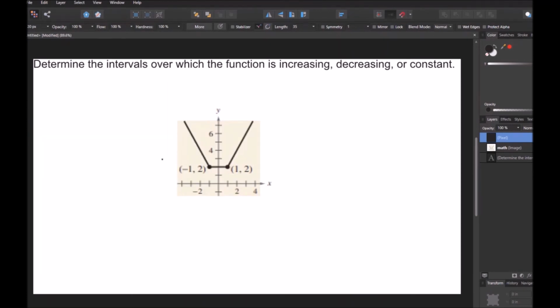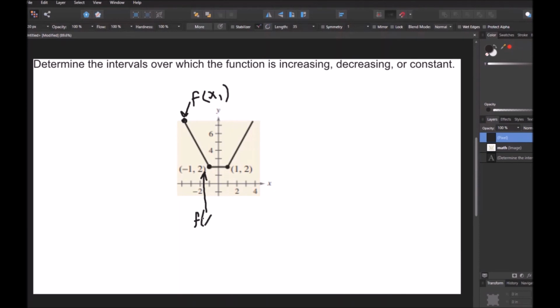Okay, so once again, exact same instructions, but a very different graph now. So once again, they give us 2 points. They give us negative 1, comma 2, and 1, comma 2. I'm going to go to this farthest right point and call that f of x1. And then this will be my f of x2 right here.